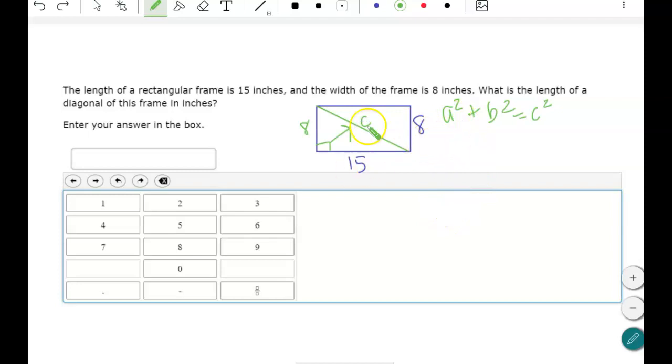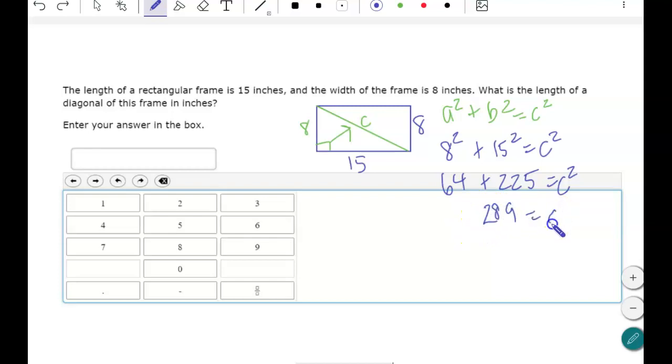So it doesn't matter which numbers you put in for a and b. We'll do 8 squared plus 15 squared is equal to c squared. So that is 64 plus 225 is c squared. Add those together and you get 289 is c squared. And to find c, you do the square root of 289.